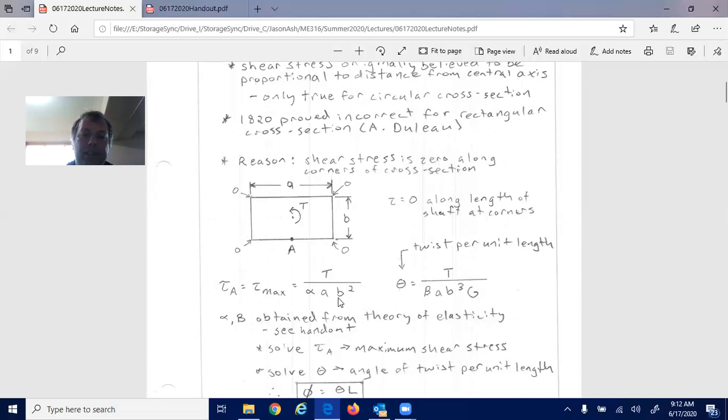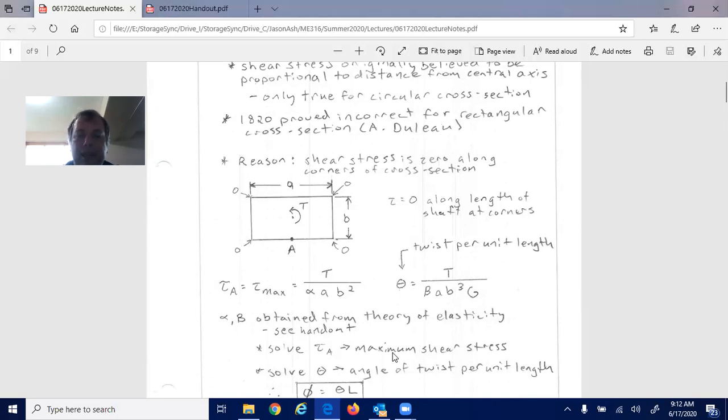This is a relationship developed from the theory of elasticity, and alpha and beta, the coefficients there, come from the theory of elasticity as well. Let's take a look at that.